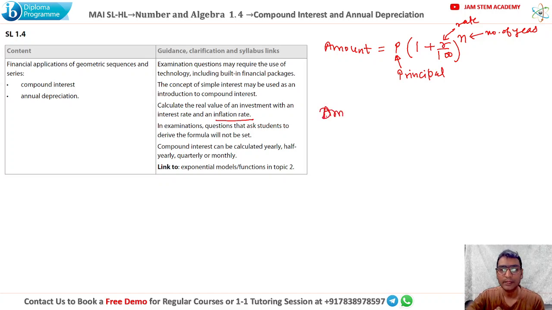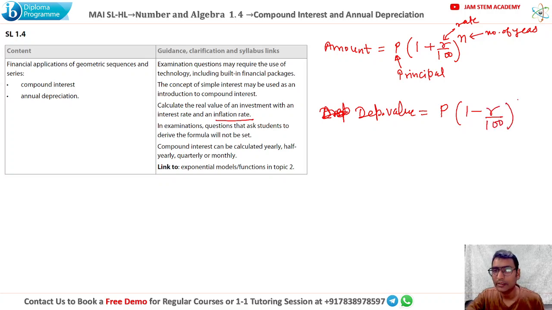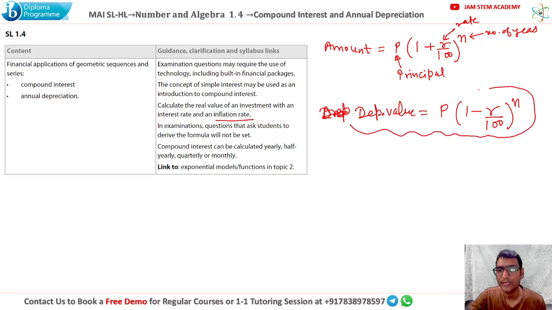In that case, the depreciated value of that object after n number of years will be P, our initial value of the object, times 1 minus R over 100, instead of plus there will be a negative sign because the value is decreasing, whole raised to the power n. R is the inflation rate, so the value gets decreased by this, and this is going to be the final value of the object after n number of years.